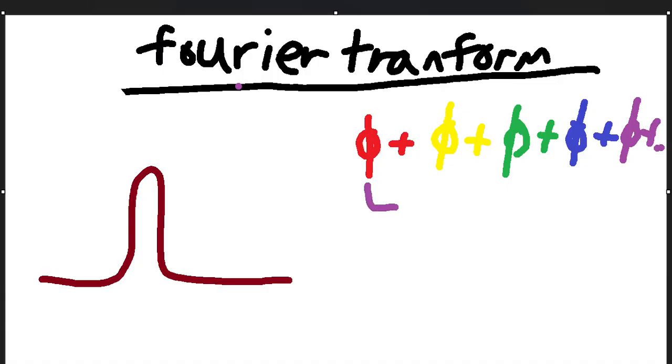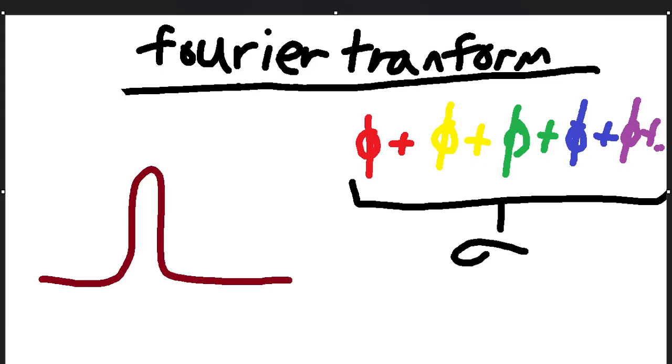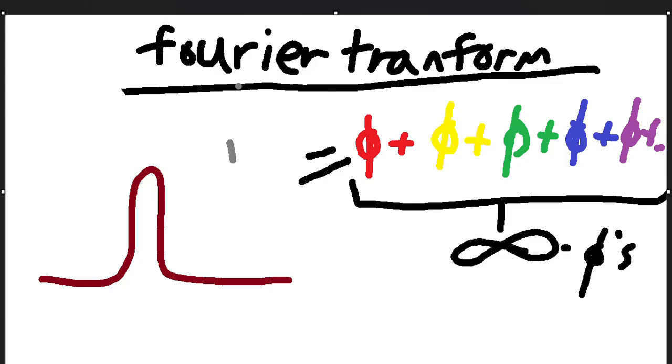And by the way, the number of these will actually approach infinity. Once we have an infinite number of phis, then they will all add up to this wave function that we have right here.